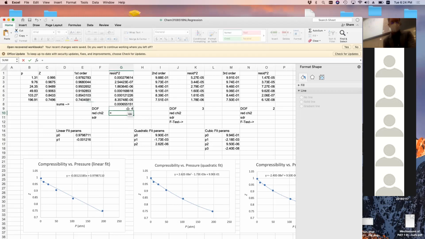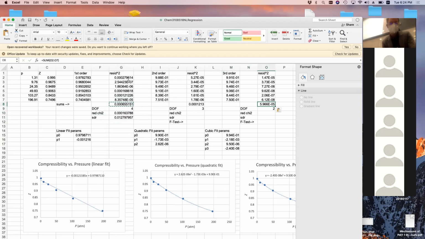So 6 minus 2 is 4. So I'm going to take this divided by this. And then the standard deviation of the residual is just the square root of this value. And this value, before you take the square root, is called the reduced chi-squared. Okay, and so I can just copy this formula over. I believe that should work.